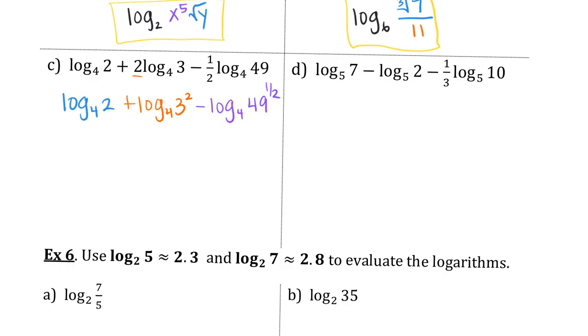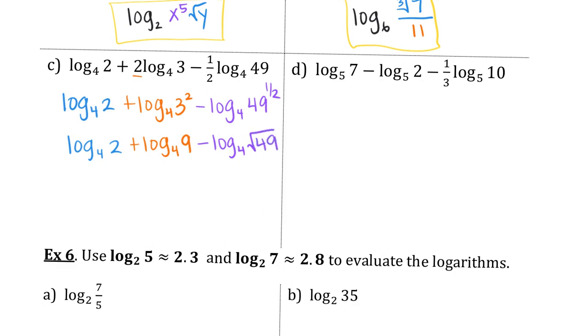Okay, I think I'm gonna rewrite the square root now, although you could do it later. You know what, that's a number, let's just multiply it. 3 squared is 9, let's make it a 9. Minus log base 4 of, 49 to the 1/2 is the square root of 49.